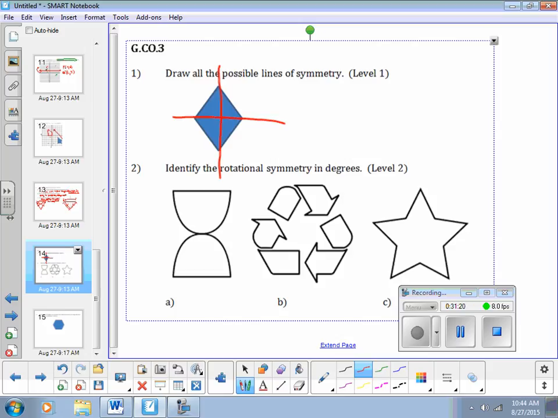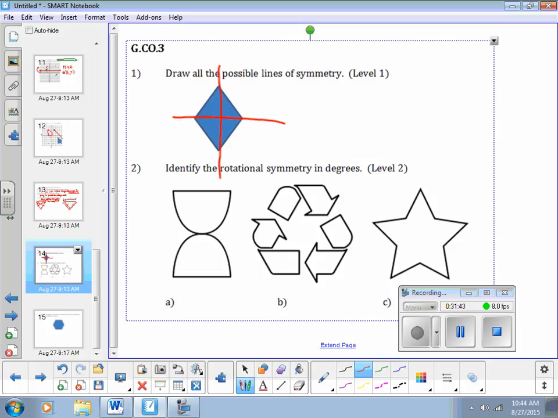The little mirror. You should be able to put your mirror on the lines you just drew, and the diamond looks the same in the reflection. Are we missing any other lines? Because if we are, then our answer is wrong. So you've got to check with your mirrors.